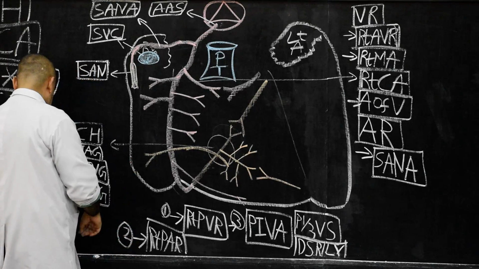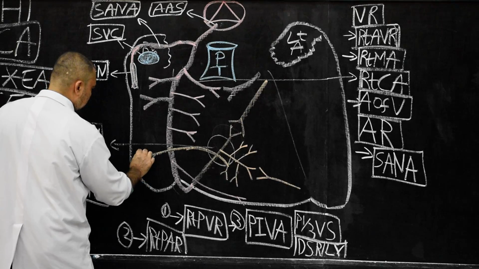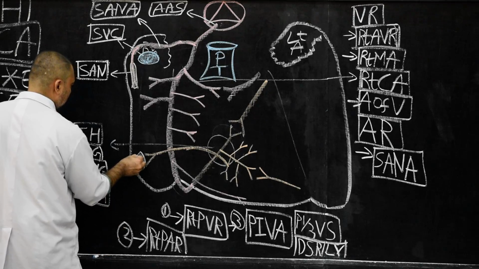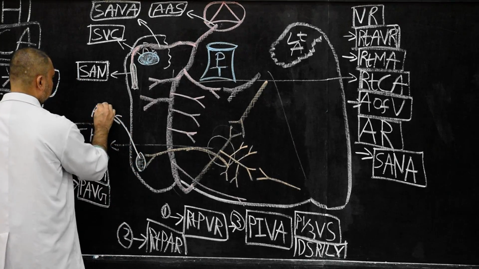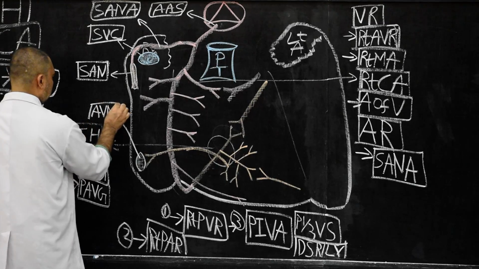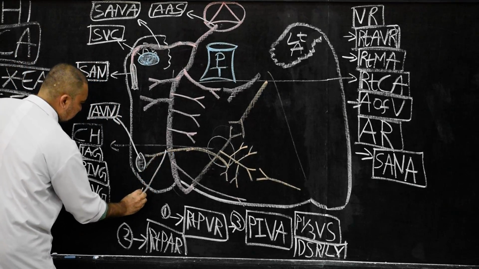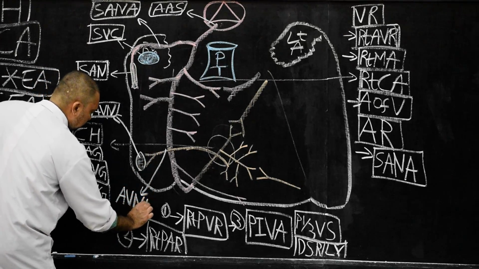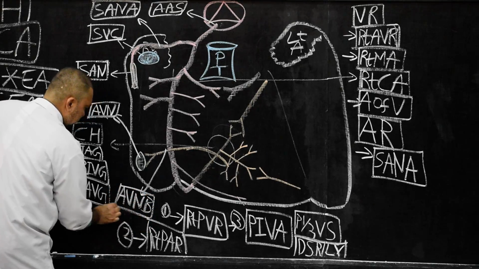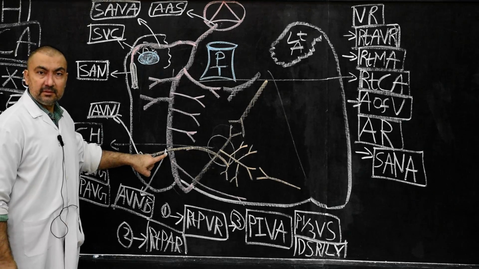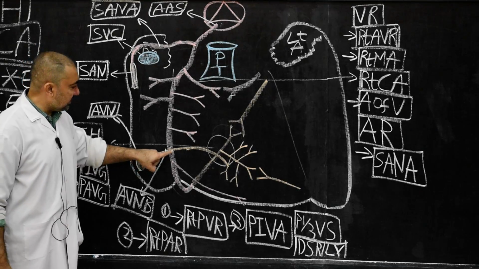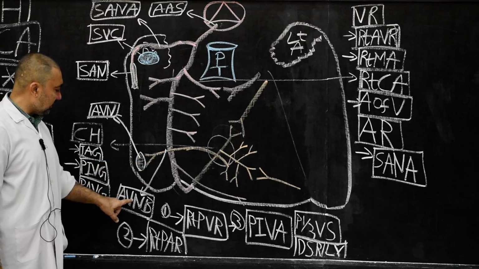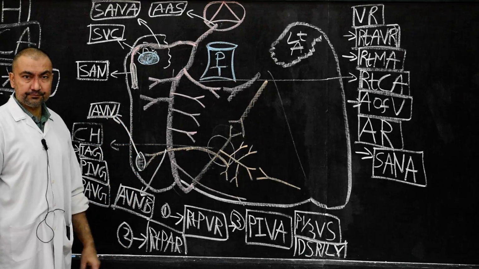So it will supply, if I draw on this side over here, this will be the atrioventricular node, and therefore I'm going to write this as atrioventricular node, and I'm going to mark this as the atrioventricular nodal branch. So this is the branch of posterior interventricular artery, one of the septal branches of posterior interventricular artery, which is called the atrioventricular nodal branch.